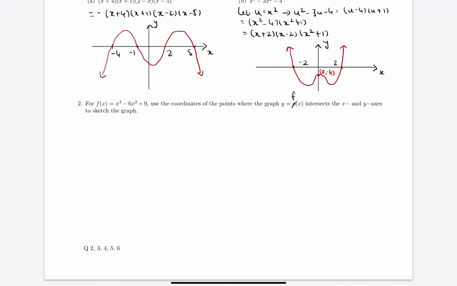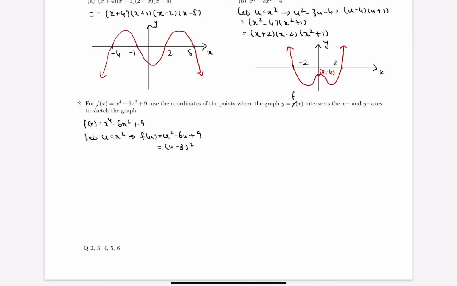So, if we go to sketch this, we've got f of x equal to x to the 4 minus 6x squared plus 9, and we can use the same trick we used before. You let u equal x squared, you get that f of u equals u squared minus 6u plus 9, which is the same as (u minus 3) squared.